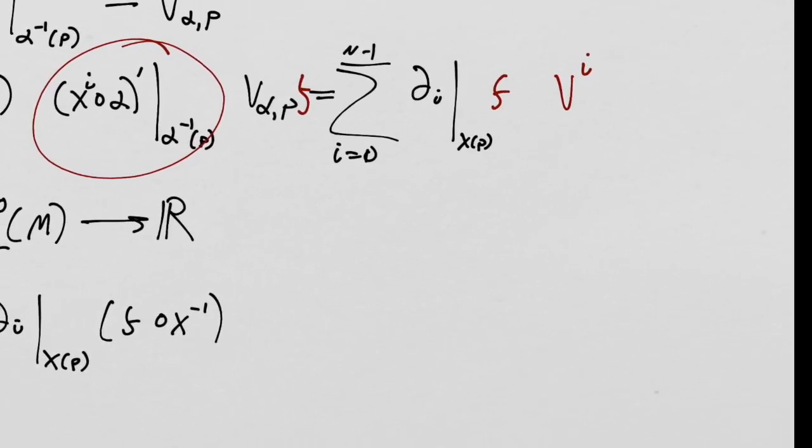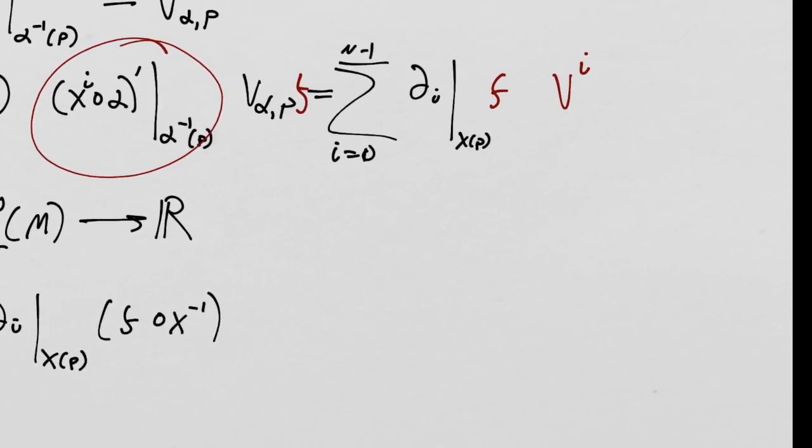And this here will evaluate to a number, because this evaluates to a number. This is a number. We sum all of these things up, so we're just adding numbers, and so we get a number.